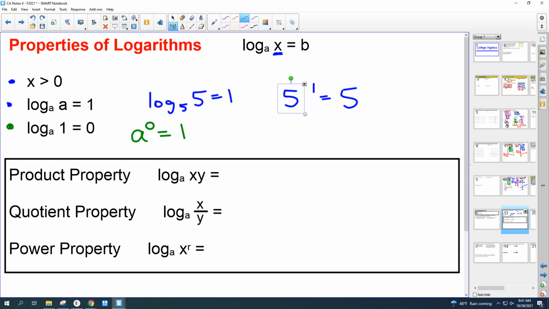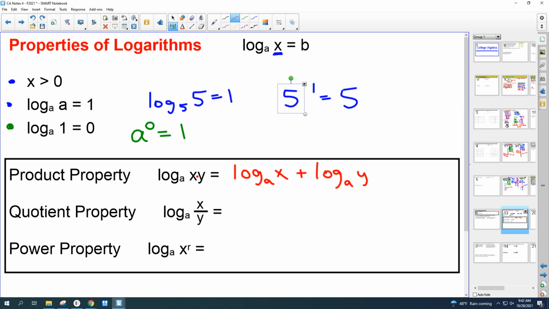Okay. So the product property, by product property, I'm talking about when we're multiplying those two numbers right there, x times y. Log base a of x times y is equal to log base a of x plus log base a of y. Since when we're talking about logarithms, we're talking about exponents.